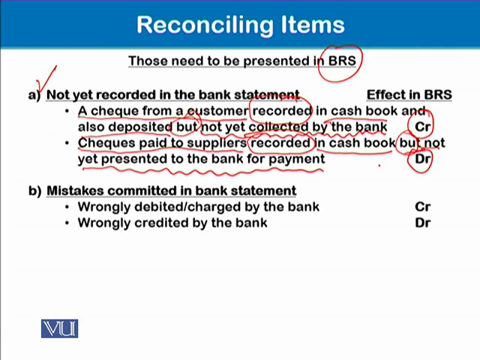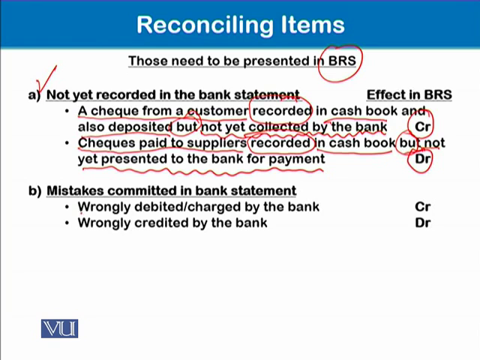Then come some mistakes committed in the bank statement. Always remember, if you can make a mistake, the bank accountant can also make some mistake while developing the records for you in its own books of accounts.